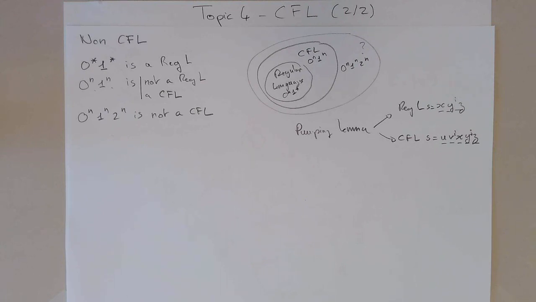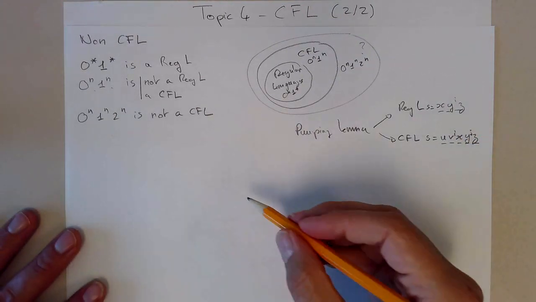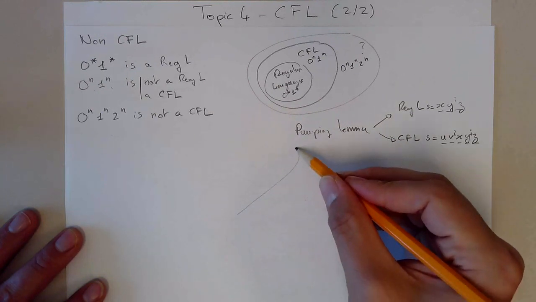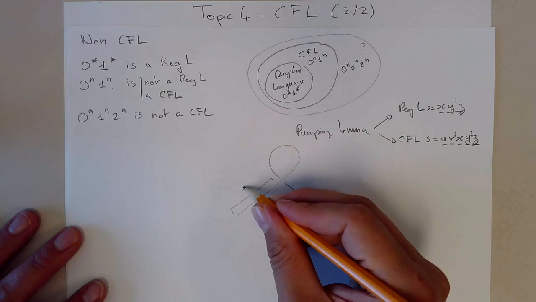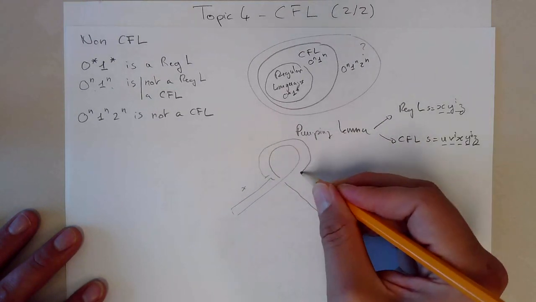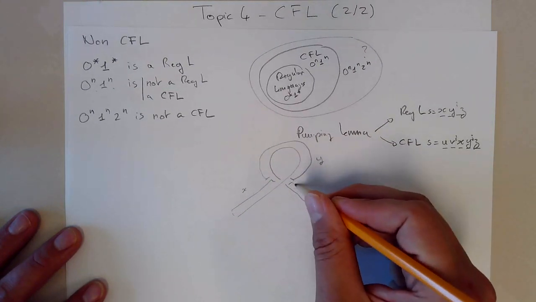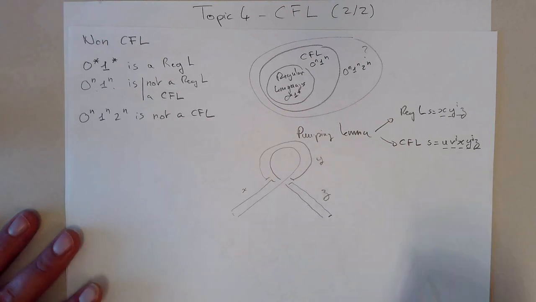Last time I showed why the pumping lemma works, this 3 pieces thing with the loop, with x, y, and z.